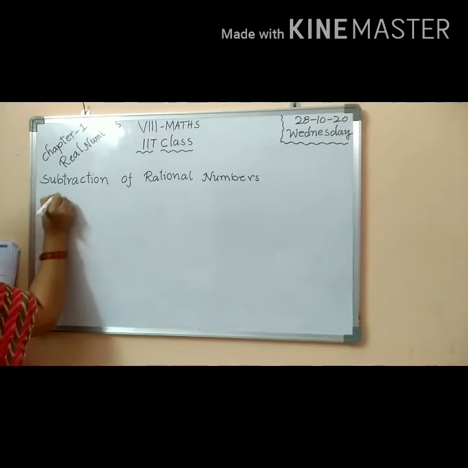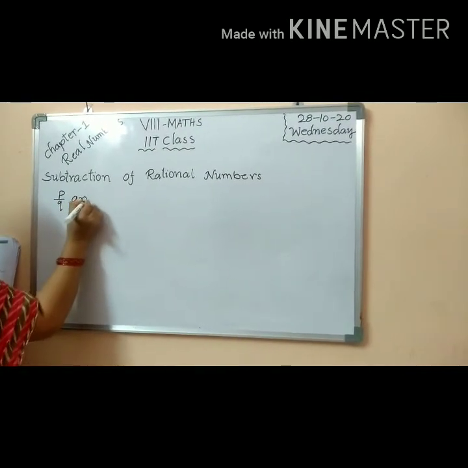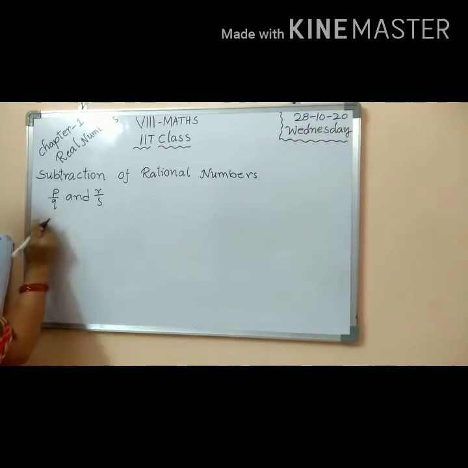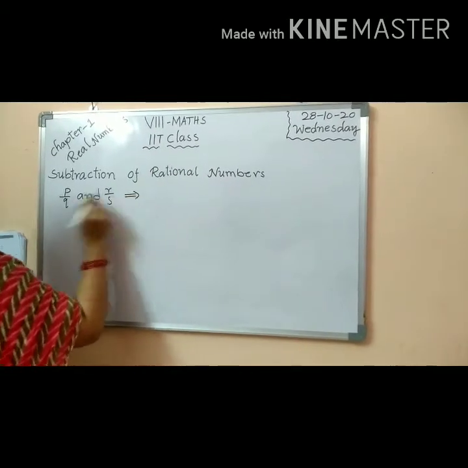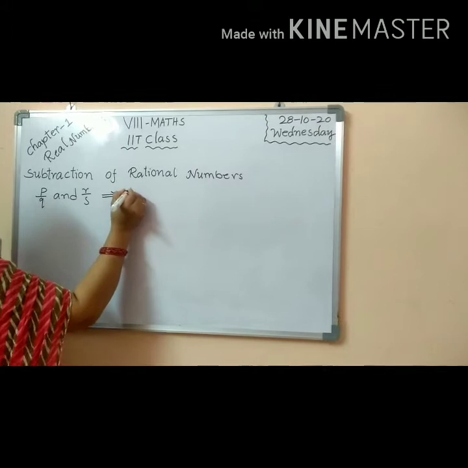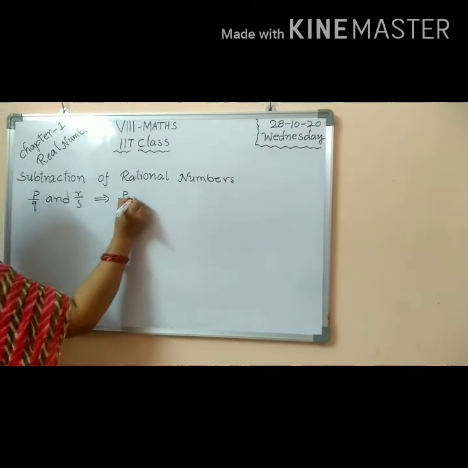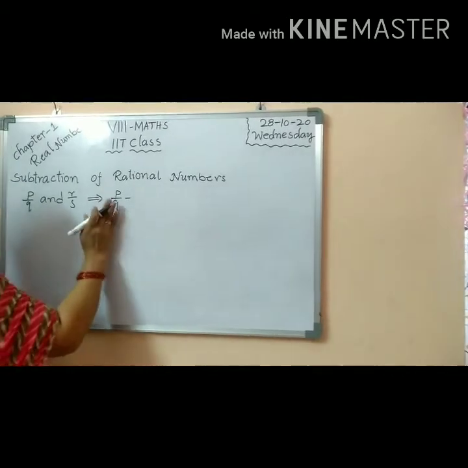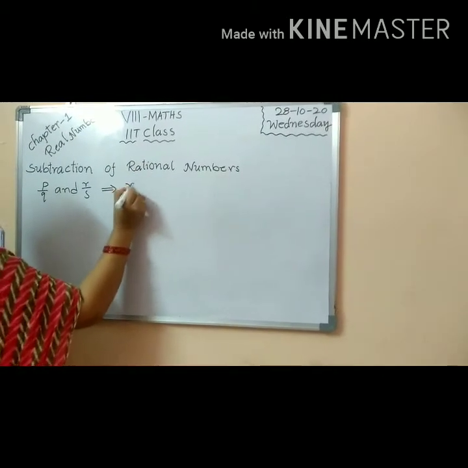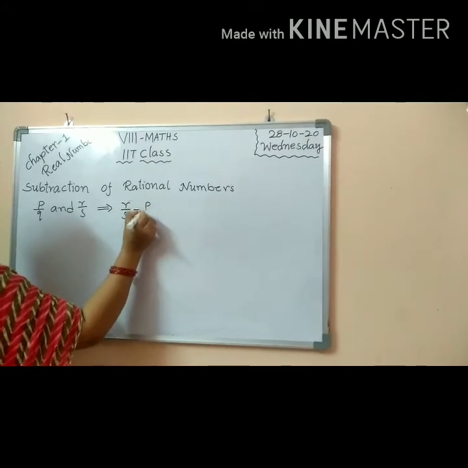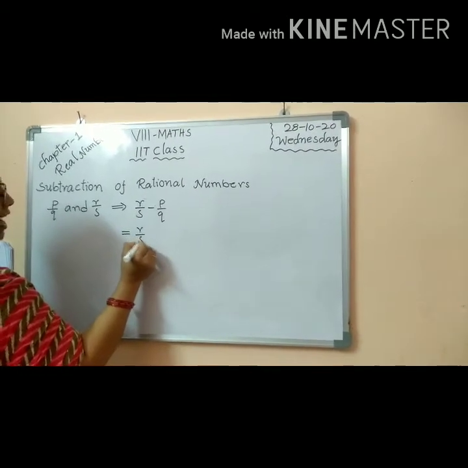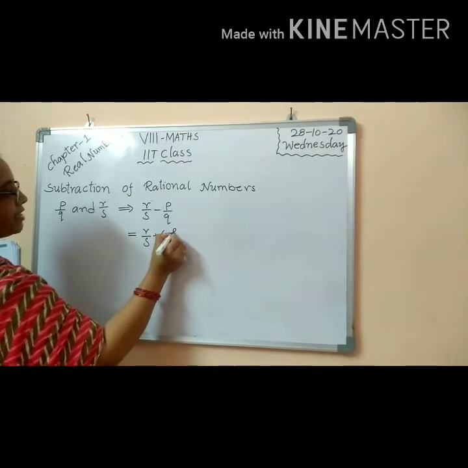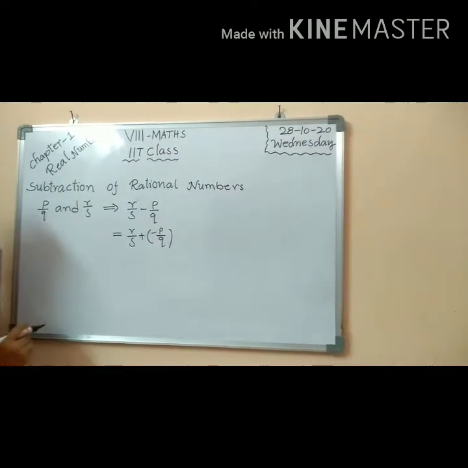If you take p by q and r by s, two rational numbers, then r by s minus p by q is such that r by s plus minus of p by q. It is the subtraction of rational numbers.